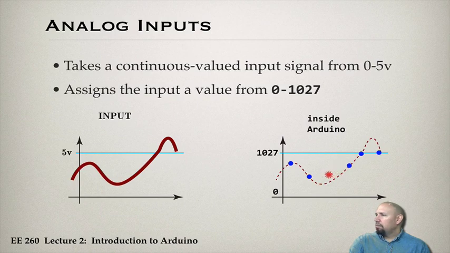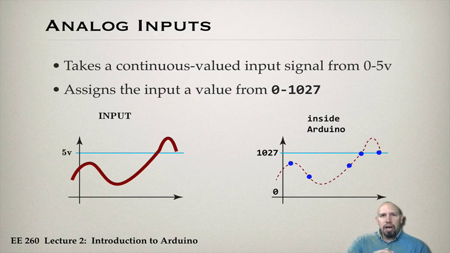Okay, this signal, for example, from here, can take on an infinite number of values between 0 and 5. Mathematically speaking, in any interval, there are an infinite number of values. This can only take on 2 to the 10 number of values, a number between 0 and 1027.